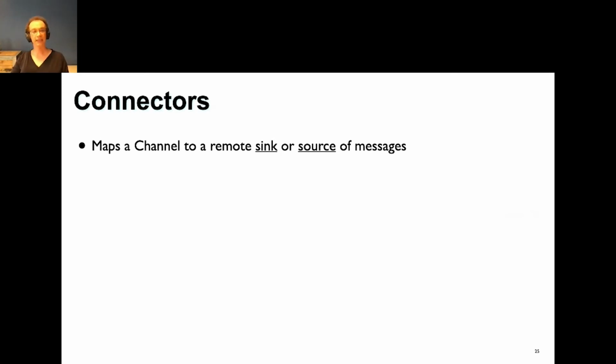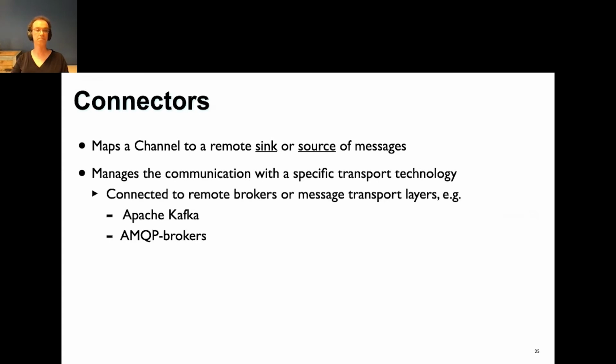Right, so a connector maps a channel to a remote sink or a source of messages. It manages the communication with a specific transport technology because connectors are external, right? So you can connect to Apache Kafka or AMQP brokers, and you can configure them using MicroProfile Config, which I'd like to demonstrate in the demo at the end of the session, and hopefully we'll still have time for that.